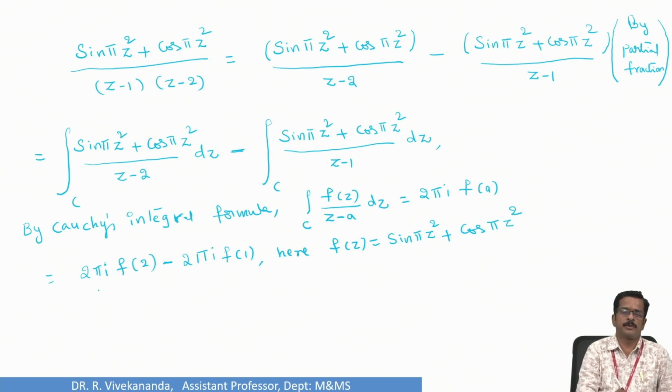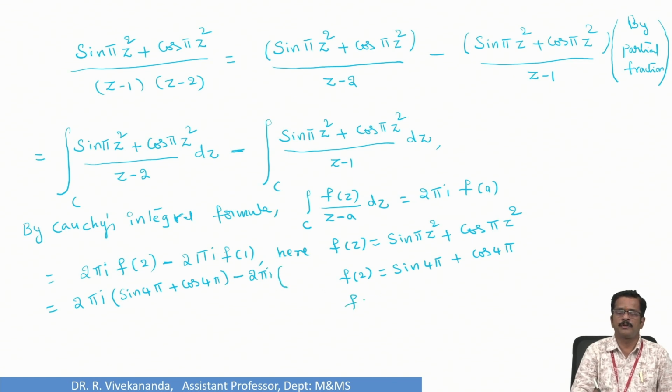So then what do you get? 2 pi i into f of 2 means sin 4 pi plus cos 4 pi, since 2 square is 4, minus 2 pi i into f of 1. f of 1 is, if we put z equals 1, sin pi plus cos pi.